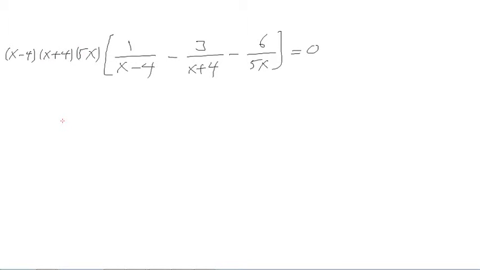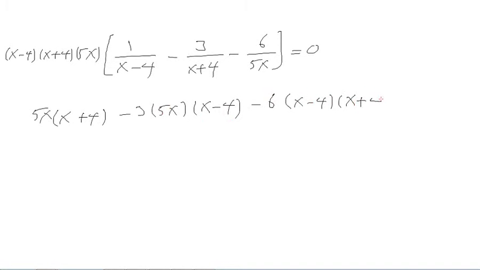I get x plus 4 times 5x minus 3 times 5x times x minus 4 minus 6 times x minus 4 times x plus 4 equals 0.